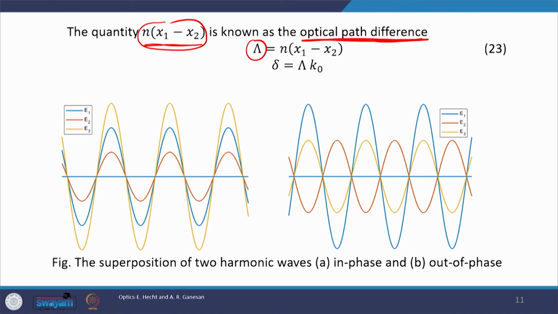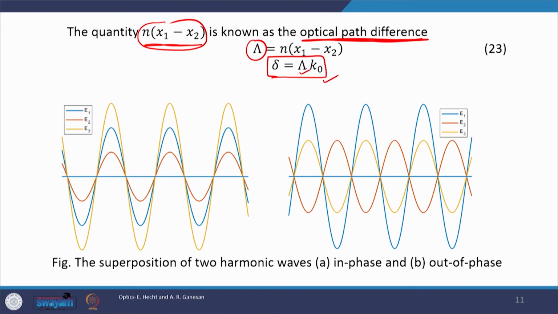And as I said, if you multiply optical path length difference by wave number, then we will get phase difference, and this is what is written here.